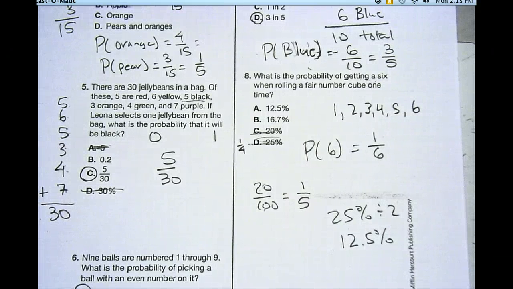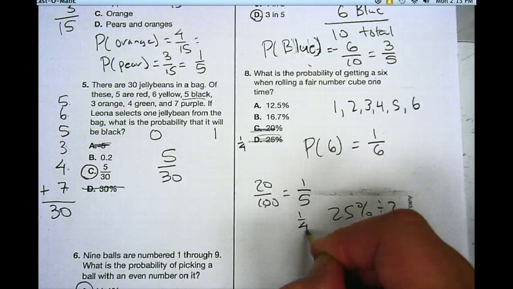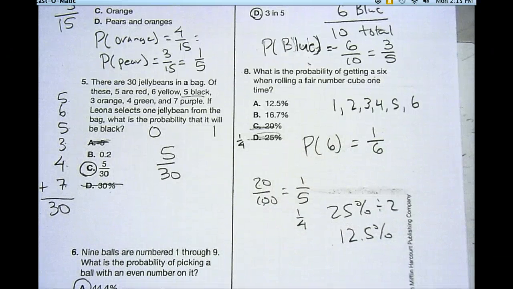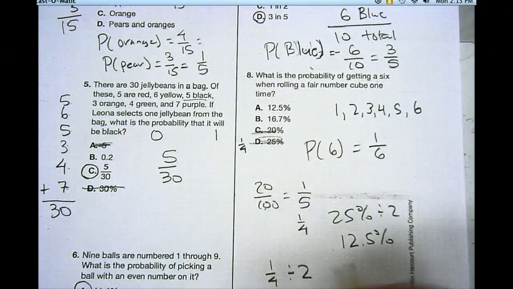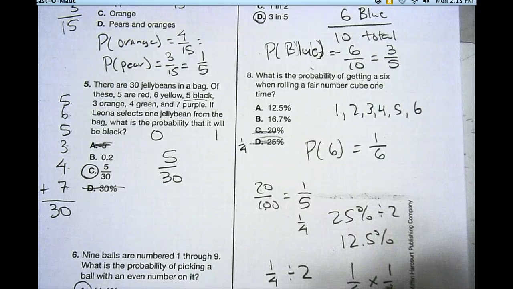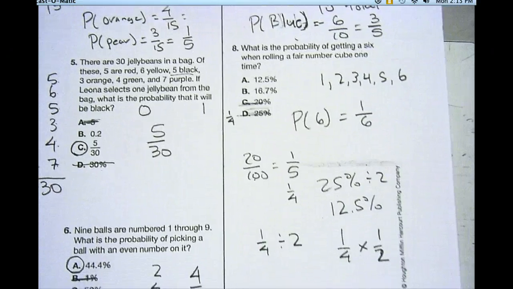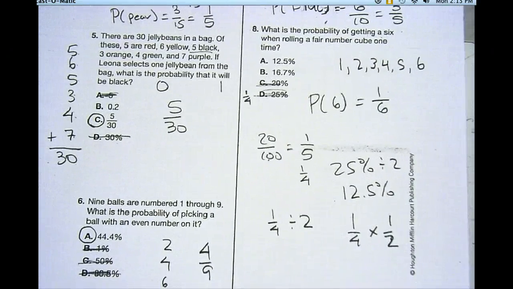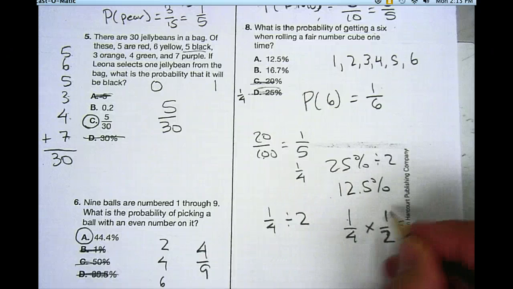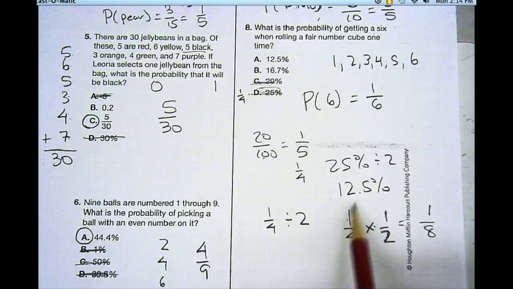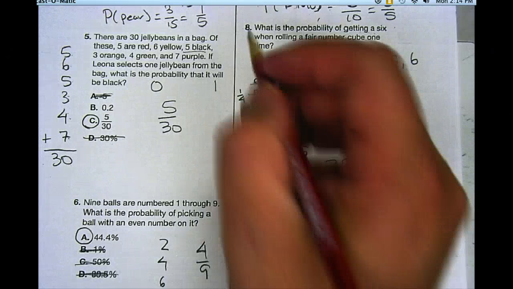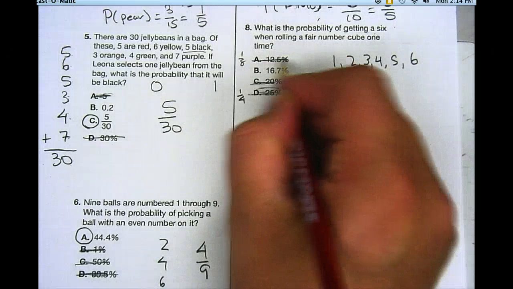Now, if I take 1/4 and divide it by 2, that's the same thing as 1/4 times 1/2. And remember, when multiplying fractions, you just multiply the top and you multiply the bottom. 1 times 1 is 1, 4 times 2 is 8. So 12.5% is really 1/8. So that one crosses off.